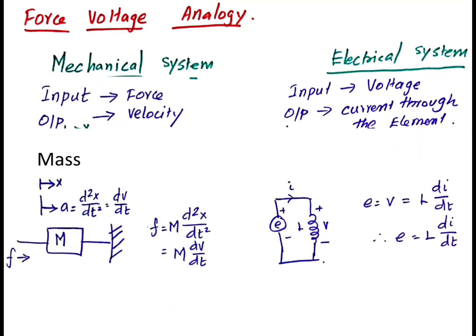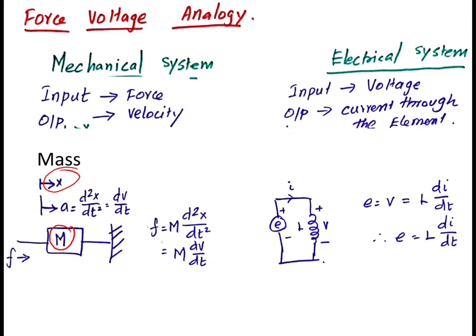Next one is mass element. A mass element is connected with the reference, and a force is applied, and the mass element value is M. Because of the force, the mass element will move from one place to another place, and that is recorded as a displacement.